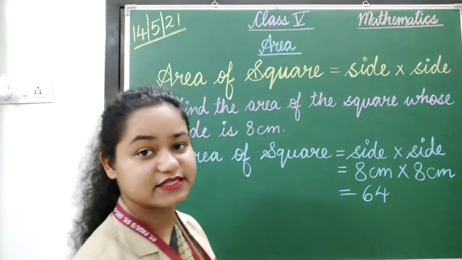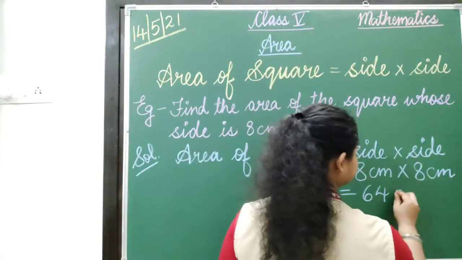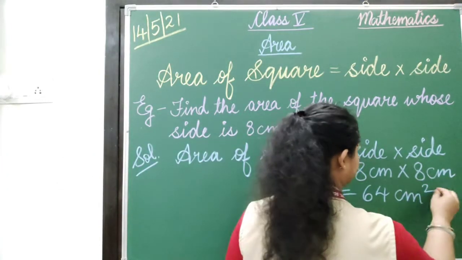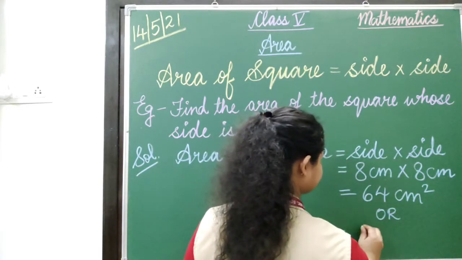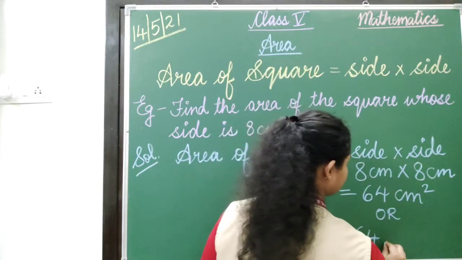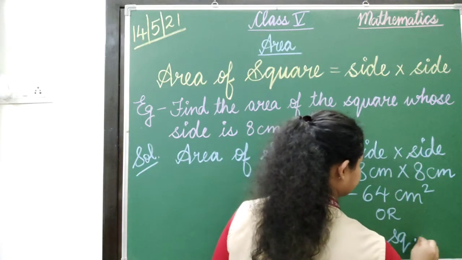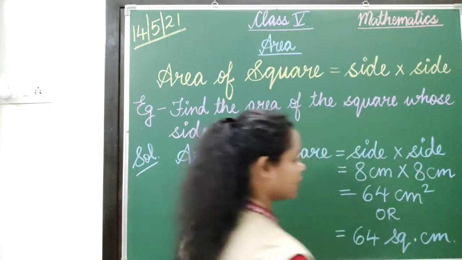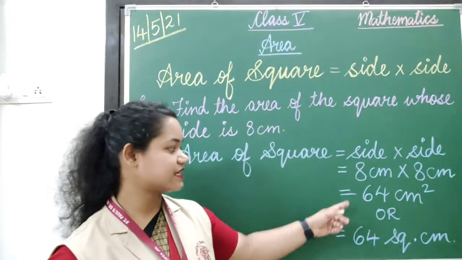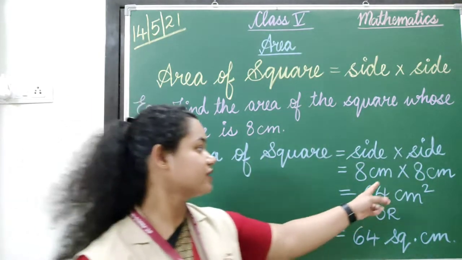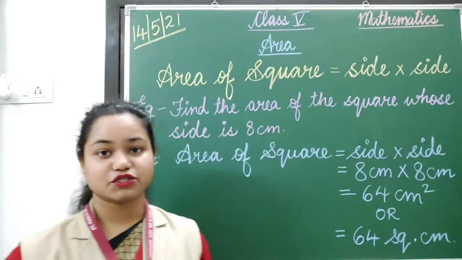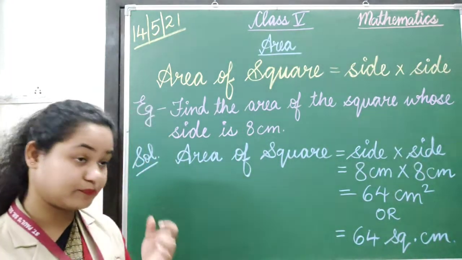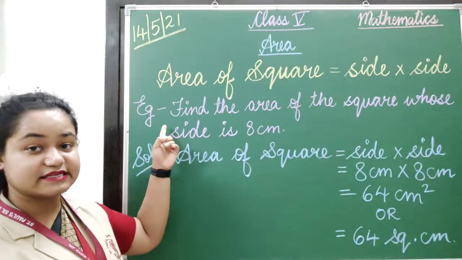Centimeter into centimeter is centimeter square. Or you can write this as 64 square centimeters. Okay, both the ways are correct. Now here you can see 2 centimeters are there, so you have to put 2 on the top, okay, as a power.